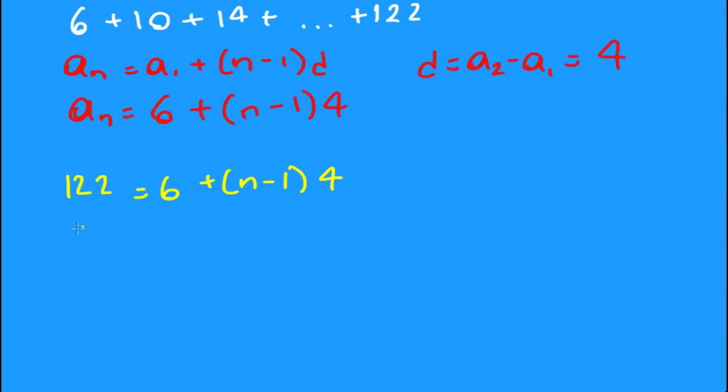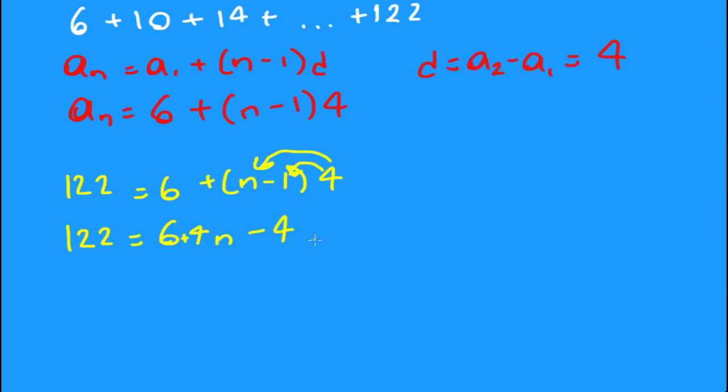Now we simplify this. It's going to be 122 equals 6 plus 4 times n, which is 4n, and 4 times negative 1, which is negative 4.